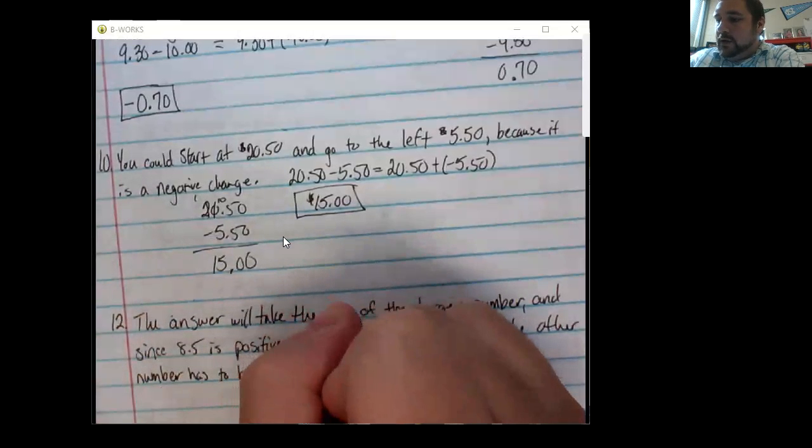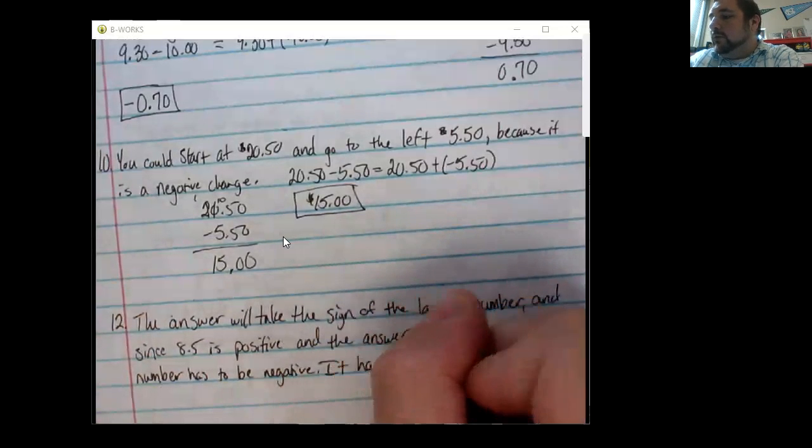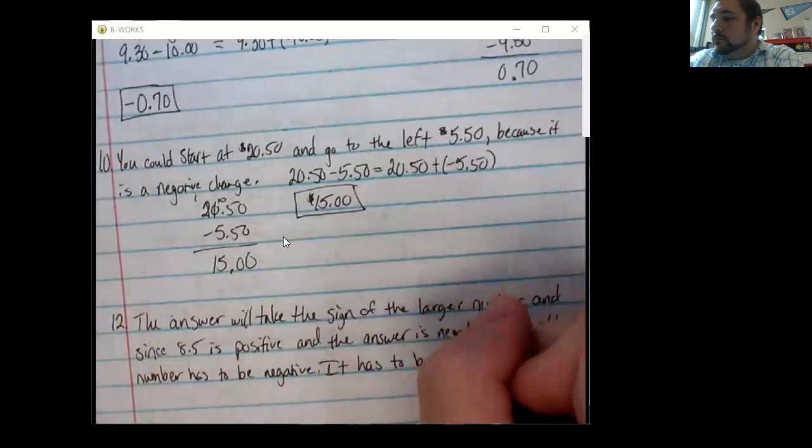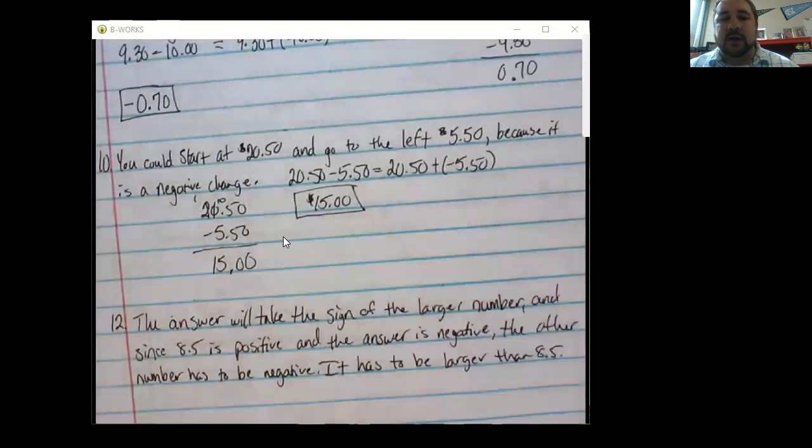And it has to be larger than 8.5. So because it's a negative answer, it's larger than 8.5 and it's negative.